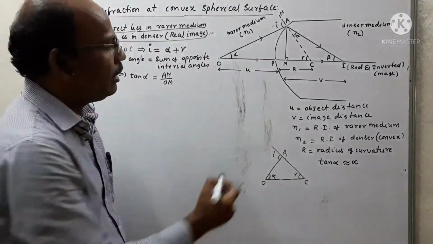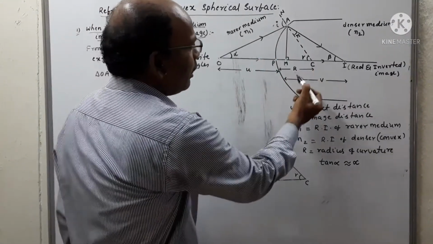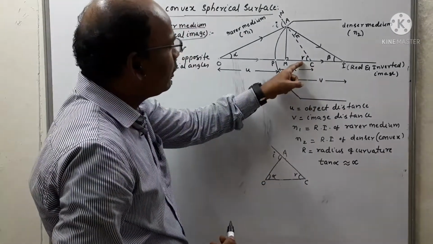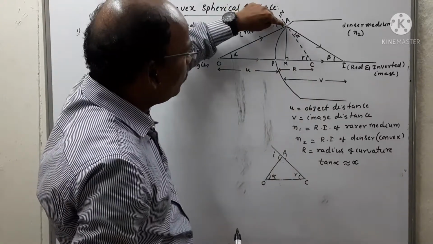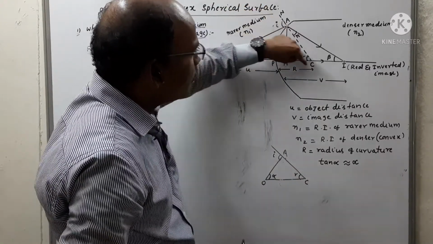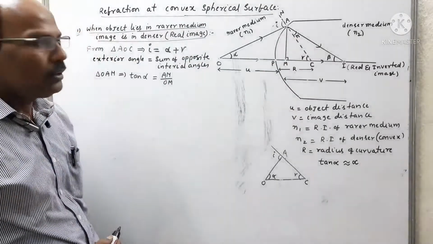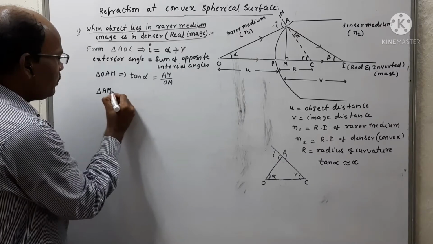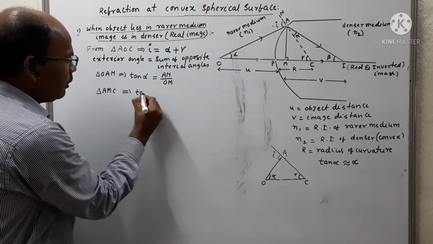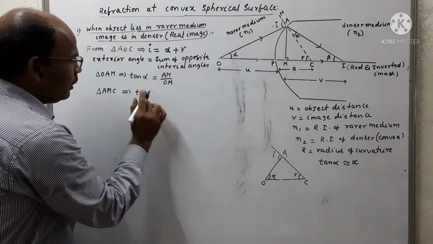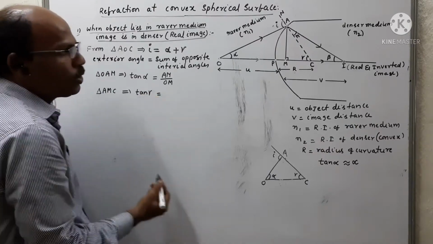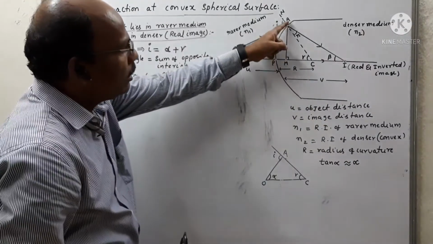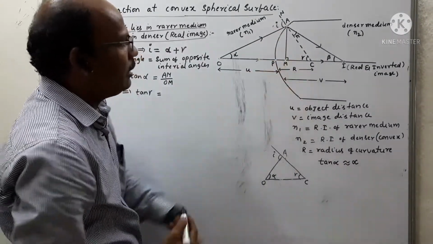What about tan gamma? So we consider another triangle to calculate the value of gamma. So we can take the triangle AMC. So from triangle AMC, tan gamma is equal to opposite side by adjacent side.